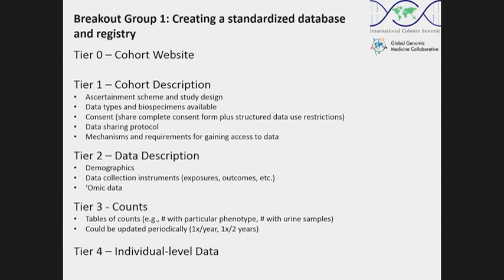For example, how many people have a particular phenotype, or how many people have provided urine samples. Since these things can change over time, we also talked about how, one, it's a little bit more burdensome, and also how it could be updated periodically, perhaps once a year, once every 2 years, dependent on what makes sense for that cohort. And then tier 4, which we discussed very briefly at the end, would be sharing actually individual level data in the registry.